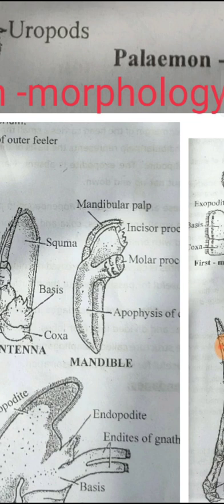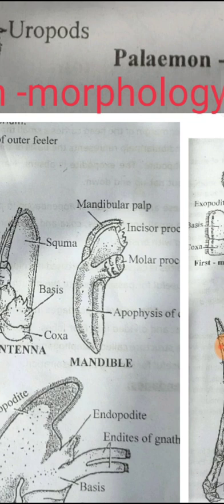The exoskeleton of the body is completely a chitinous cuticle. Now the external openings: the female genital aperture is situated on the third walking leg, and the male genital aperture opens on the fifth walking leg.